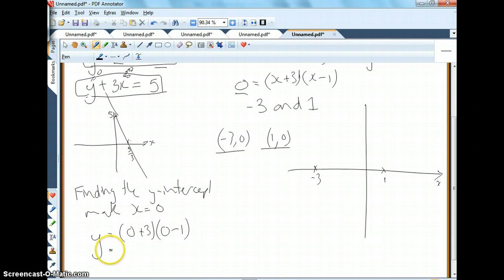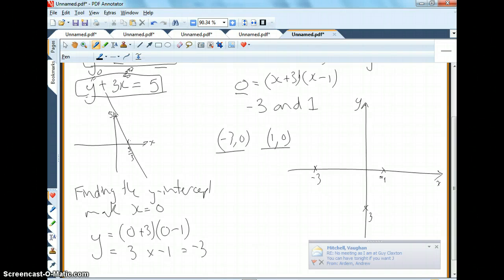Answer? 3 times -1, which is -3. Go to the y-axis, which is this one, and go to -3. Put the coordinate. So far I've plotted 3 points on the parabola. I need one more point and I can draw the parabola and I'm done.